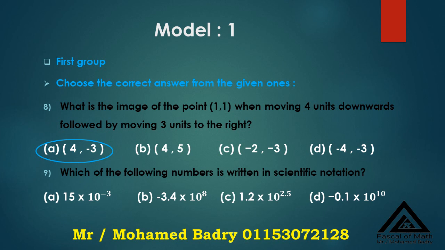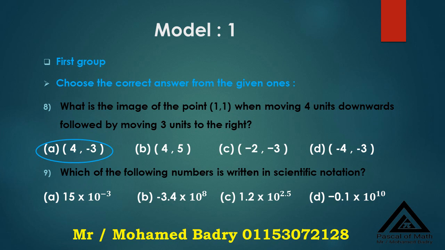Now, question 9. Which of the following number is written in the scientific notation? Now, the power of 10 must belong to integer numbers. Now, the answer C, 1.2 times 10 power 2.5. 2.5 doesn't belong to integer numbers, Z. For this reason, we will cancel answer C. Now, the number multiplied by 10.